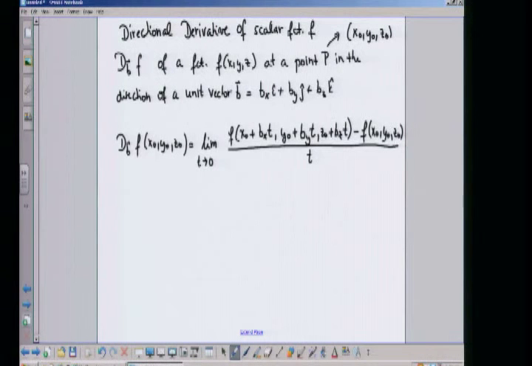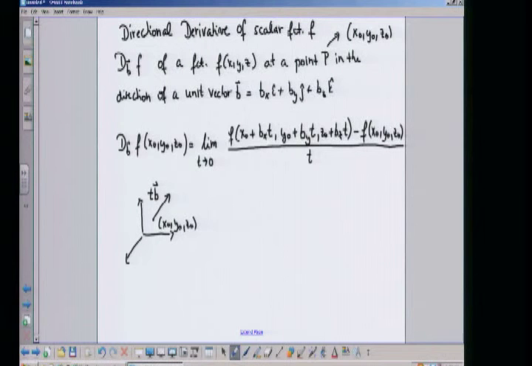So you see this is very similar to what is called the differential quotient in differential calculus, right? So what it means geometrically, you can imagine in three-dimensional space, okay? We fix a point P that is given by its coordinates x0, y0, z0, right? And then we go into the direction of b by an infinitesimal amount t, okay? So we go in the direction of b, but we don't go all the way, we just go by t times b.